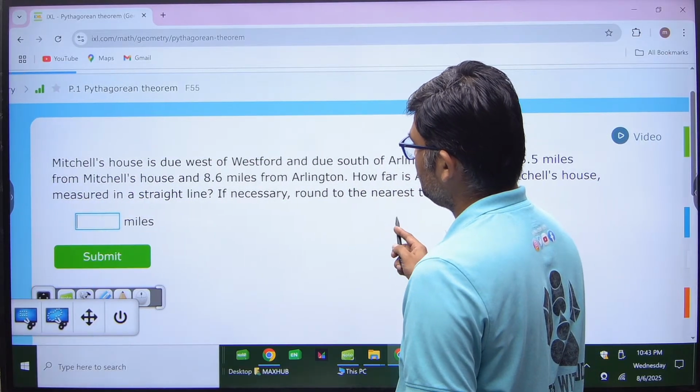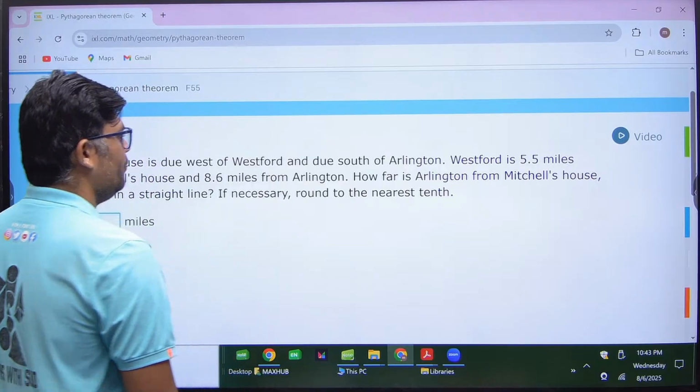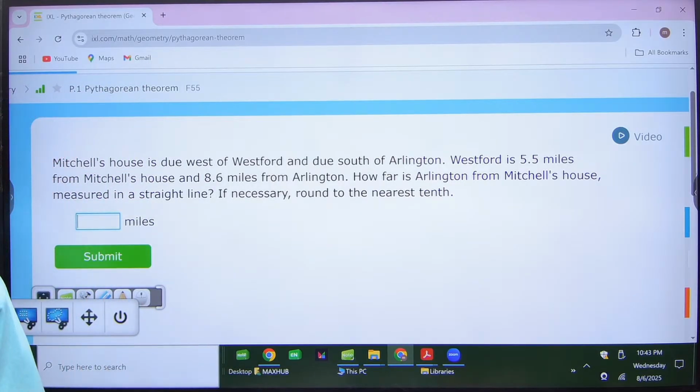Mitchell's house is due west of Westford and due south of Arlington. Westford is 5.5 miles from Mitchell's house and 8.6 miles from Arlington. How far is Arlington from Mitchell's house measured in a straight line? If necessary, round to the nearest tenth.